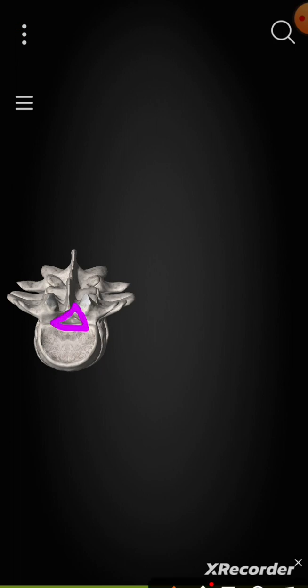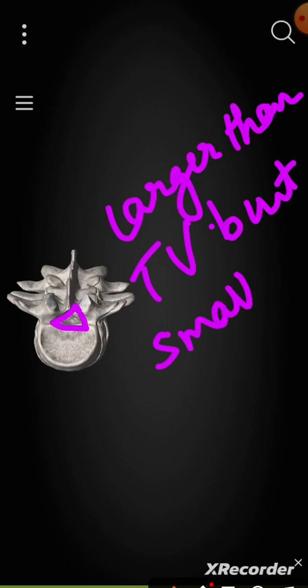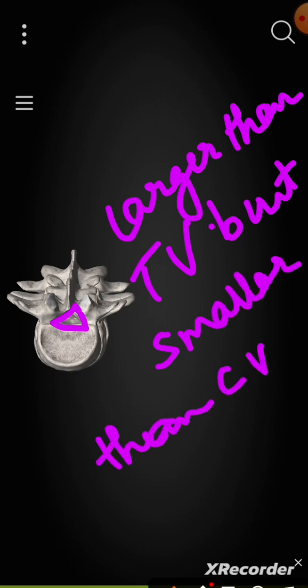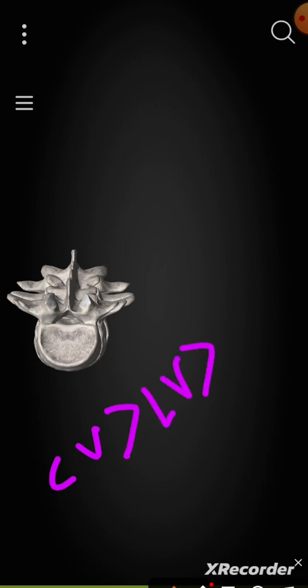This vertebral foramina is larger than thoracic vertebrae but smaller than cervical vertebrae. If you want to see, you can make it an order. Cervical vertebrae has greater vertebral foramina than lumbar vertebrae. Lumbar vertebrae has greater vertebral foramina than thoracic vertebrae.